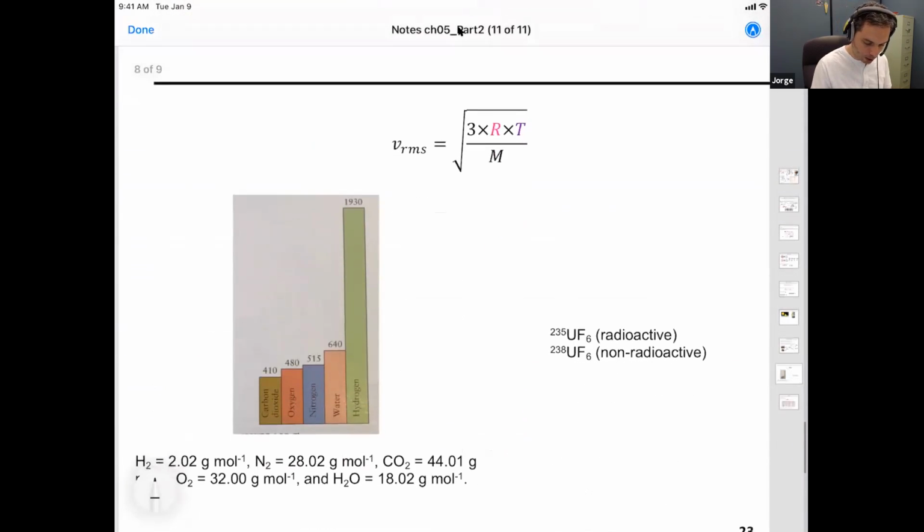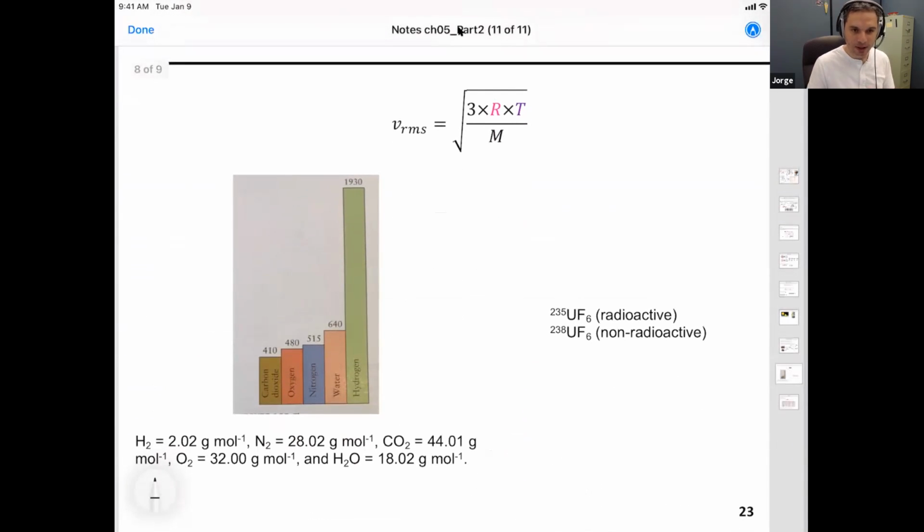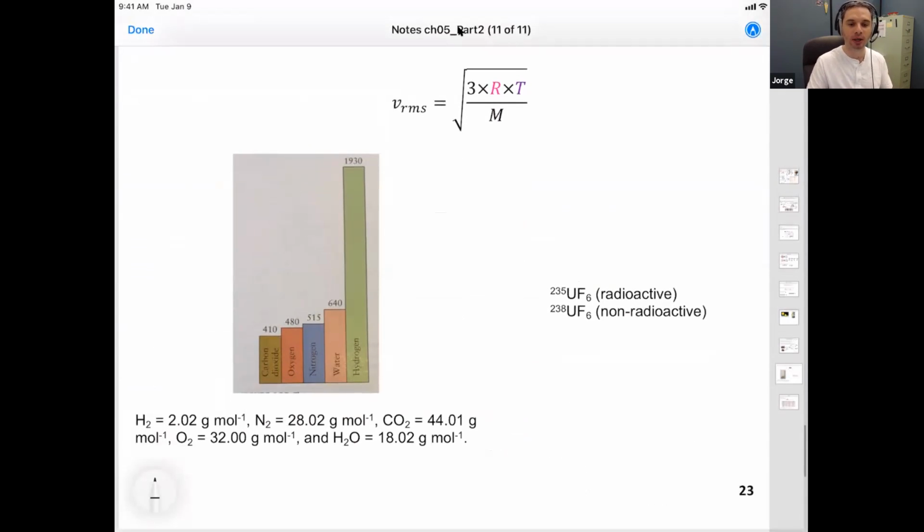Okay, what I will ask from you is to compare things and predict behaviors regarding the average speed of gas molecules. Okay, so let's see two situations here.